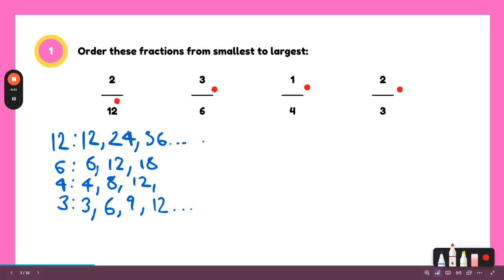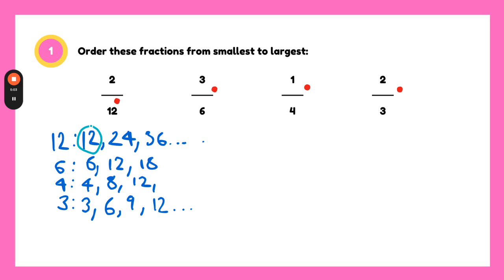If we look carefully at our 4 lists of multiples, we can see that 12 is a common multiple of each of our numbers.